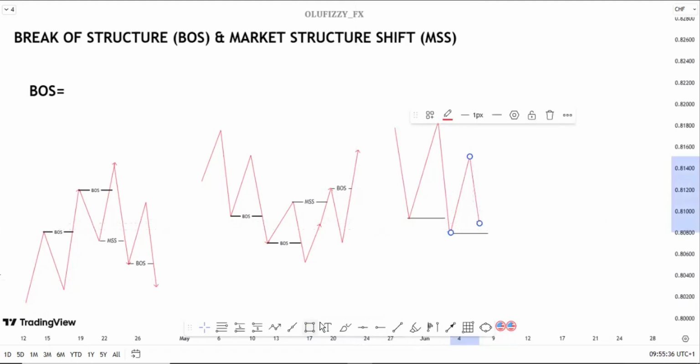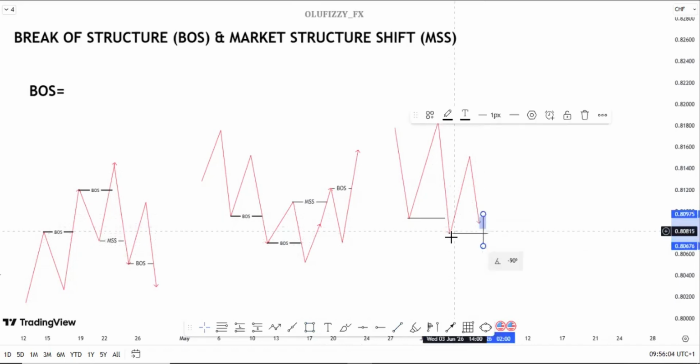let's say in this case price gives you a candlestick, right? But this candlestick doesn't close below this swing low here. It closes back inside, and you have a weak rejection like this. So in this case, so far the body of this candle doesn't close below this swing low, this is not a true break of structure.